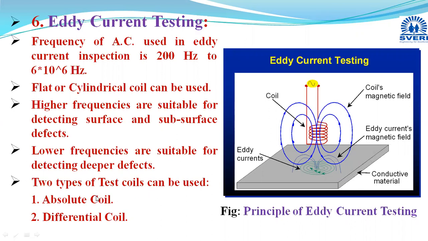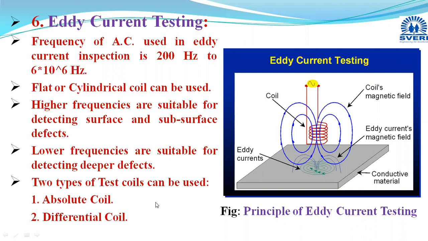Now here we are using two types of coils, absolute coils and differential coils. In the absolute coil, only a single coil is used, and directly its measurement is done here.